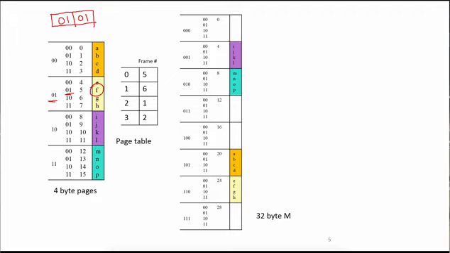And if we take a look here, this data F has already been put into a frame, and that's frame 6. So the physical address of that is going to be frame 6, and the offset is going to be the same.